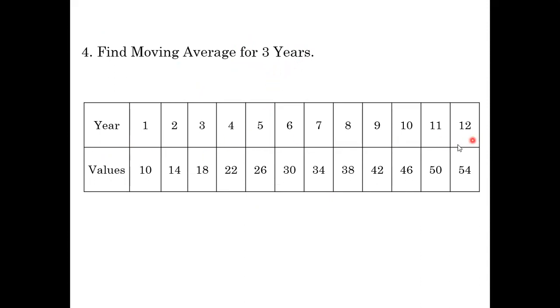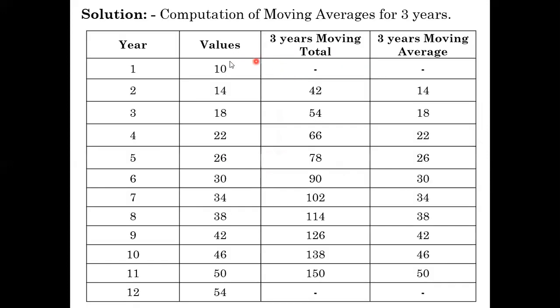Years given are 1 to 12. Values are given like this: 10, 14, 18, 22, 26, 30, 34, 38, 42, 46, 50, 54. They are given in the problem. Based on the values, we are going to find the moving average for 3 years.